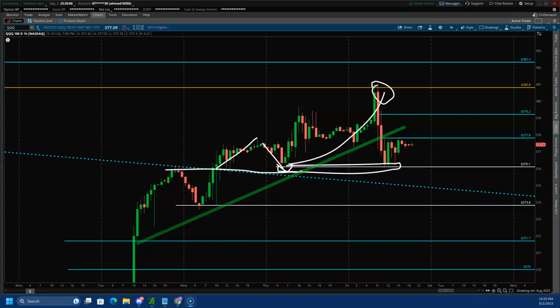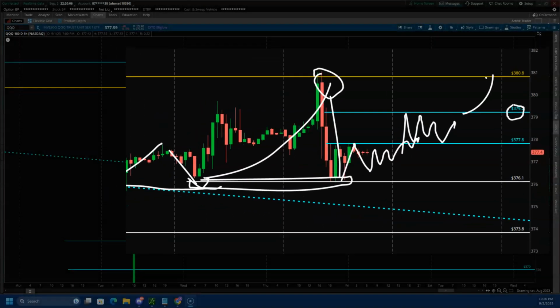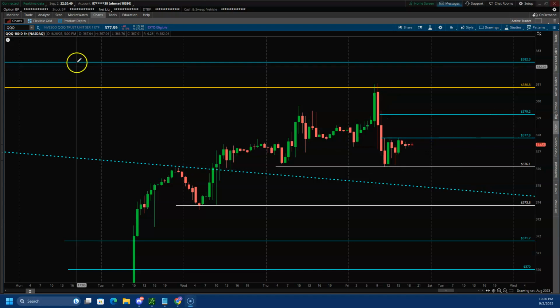Probably sellers came in heavy here, projected the price down, and now we're just consolidating towards the low end of the Friday and Thursday range, right? As long as we're below 379, it remains a little bit weak. Between 378 and 379, it's sort of neutral. Above that, we can try to take out 381 again, or if we fail, this becomes the retest scenario if we give up 376 here.